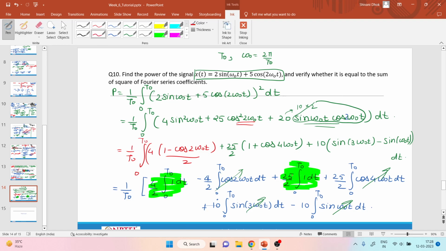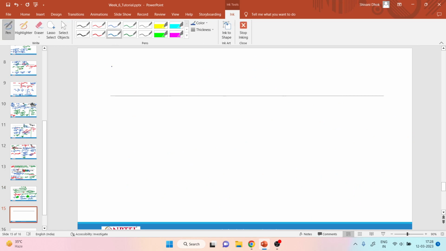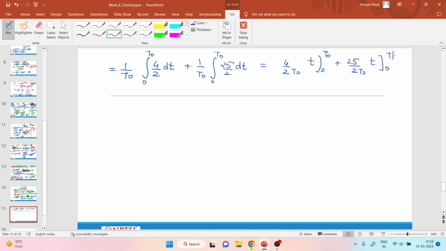So if I consider this and this, what I basically have is 1 by t naught integral from 0 to t naught 4 by 2 dt plus 1 by t naught integral from 0 to t naught 25 by 2 dt, which is equal to 4 by 2 t naught times t from 0 to t naught plus 25 by 2 t naught times t from 0 to t naught, and this comes out to be 4 by 2 plus 25 by 2.